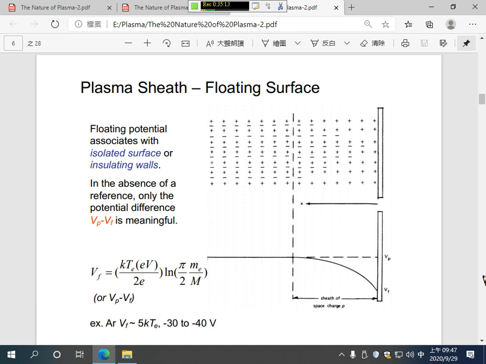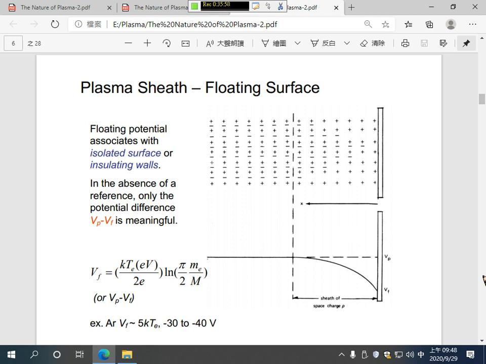So within a certain period of time, the plasma will lose more electrons than ions. When electrons and ions collide with the insulator, they lose their charge to the insulator. But the insulator is not grounded. Even if you ground the insulator, the charge cannot be conducted away. So the charges will accumulate on the surface of the insulator.